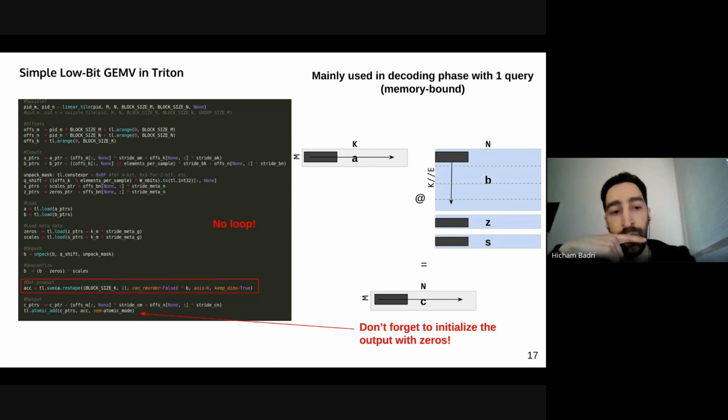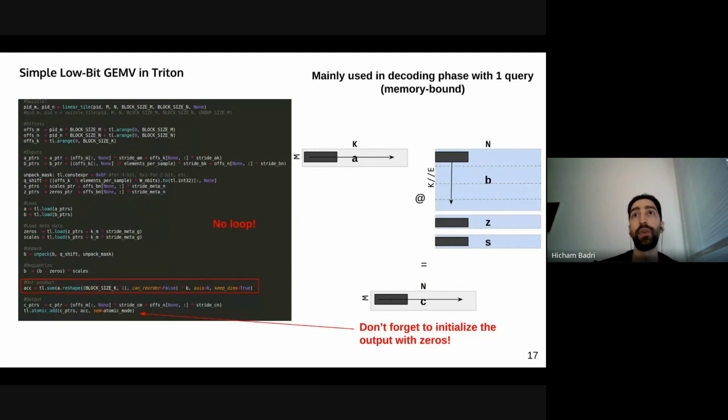So there's really no point in using tl.dot with tensor cores, because that's not the problem. It's not the compute that's the problem. The problem is that we want to load these blocks as fast as possible. The way we do it is we launch more programs, and the reason we can do this is because our batch size is very small.